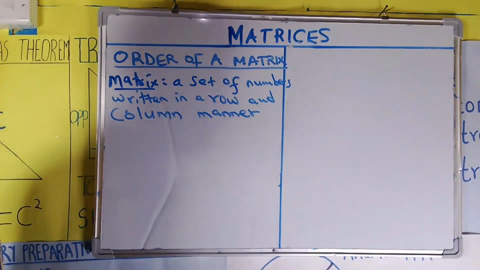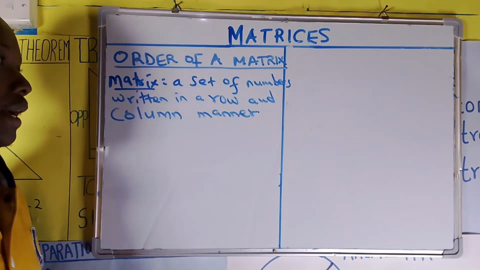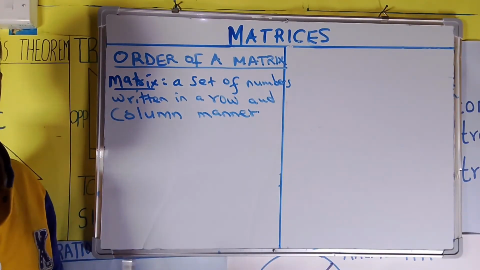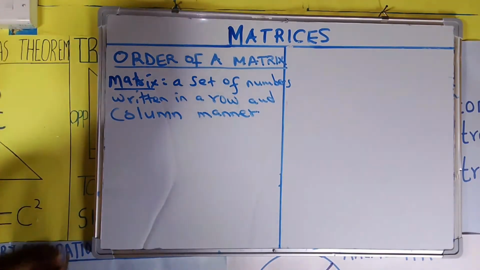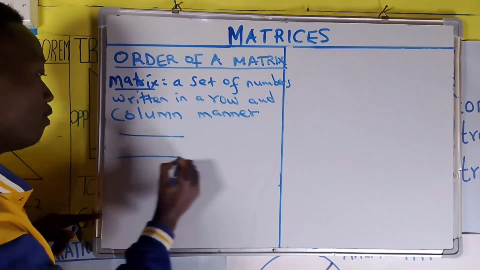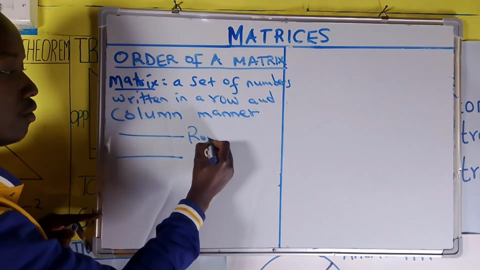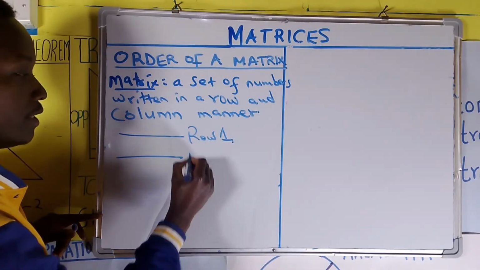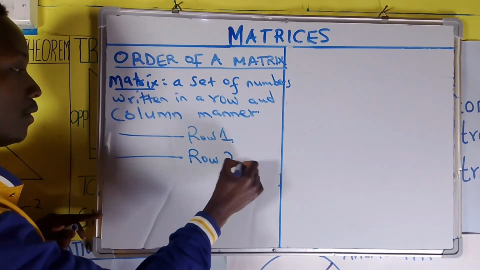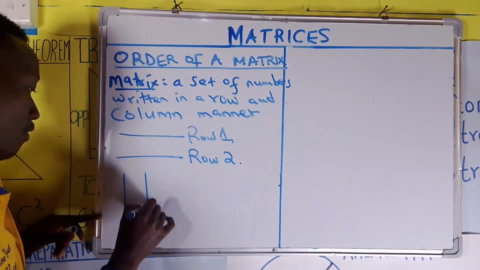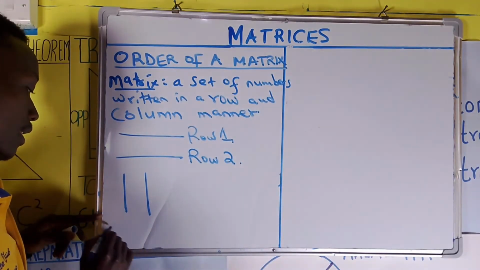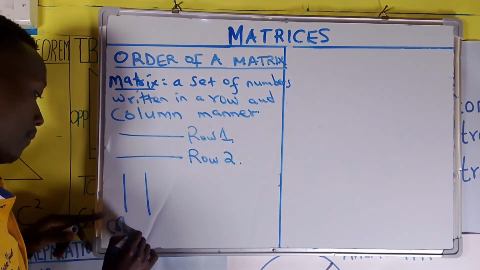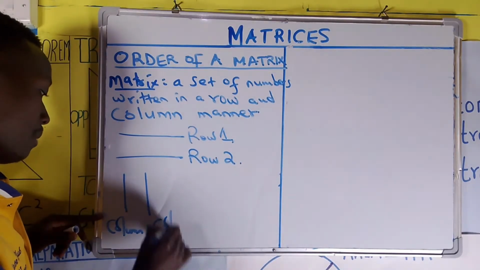A matrix is a set of numbers written in a row and column manner. Rows move horizontally. This is row number 1 and this is row number 2. But columns move vertically. This is column 1 and this is column 2.